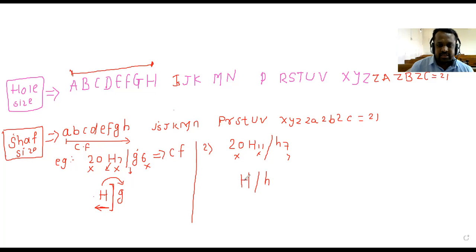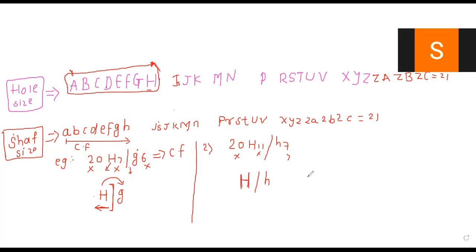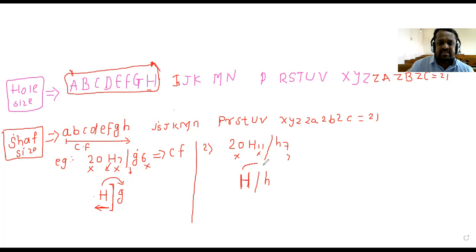First of all, we have to check this capital letter. If this capital letter lies between capital A to H, is it? It is in this range, right? If such a condition is there, then to identify the fit where do we have to go? To this side. Then check where this small letter lies.